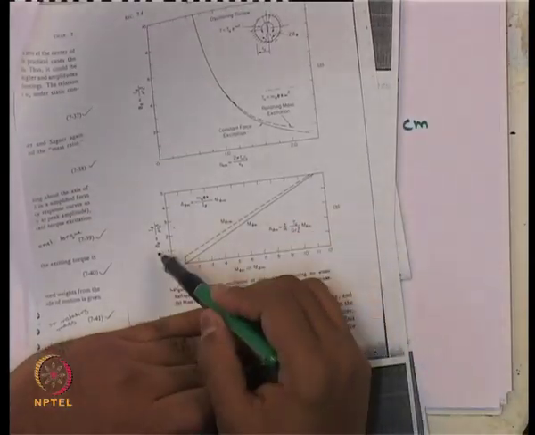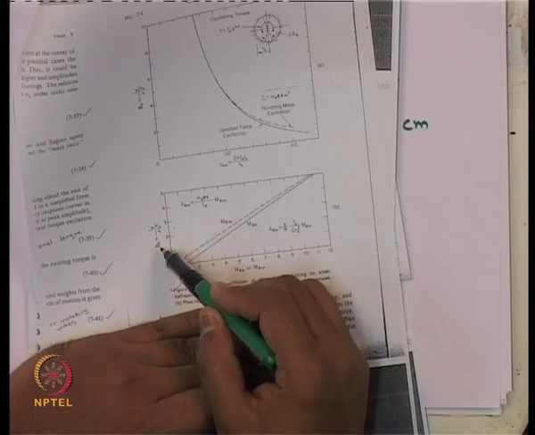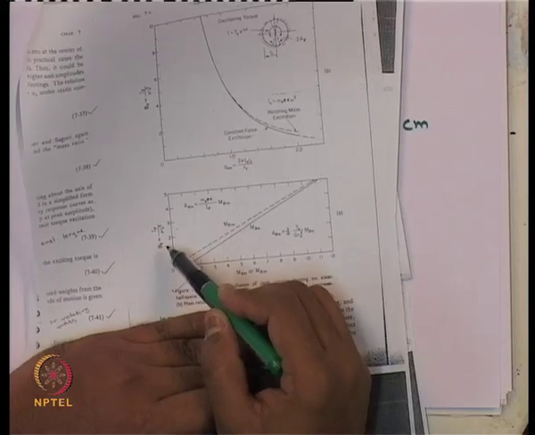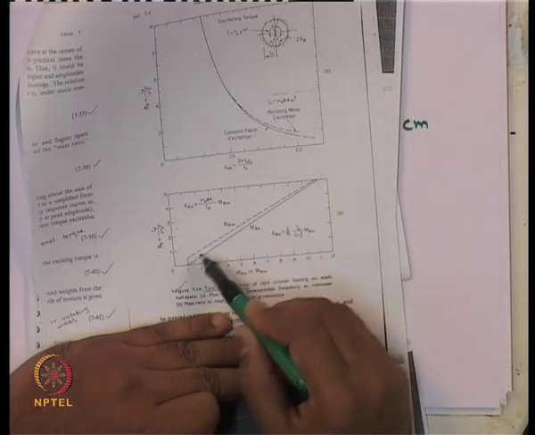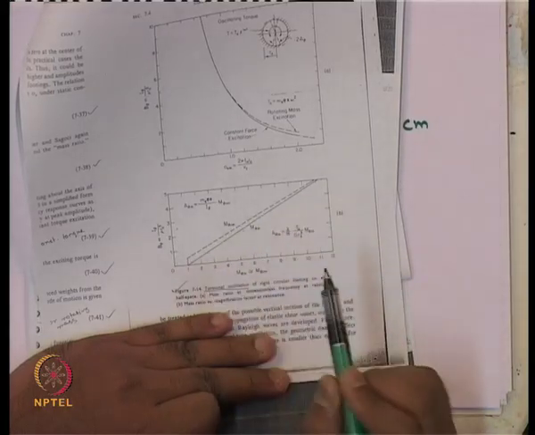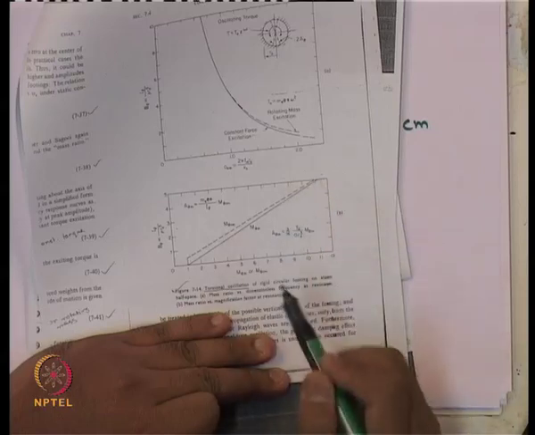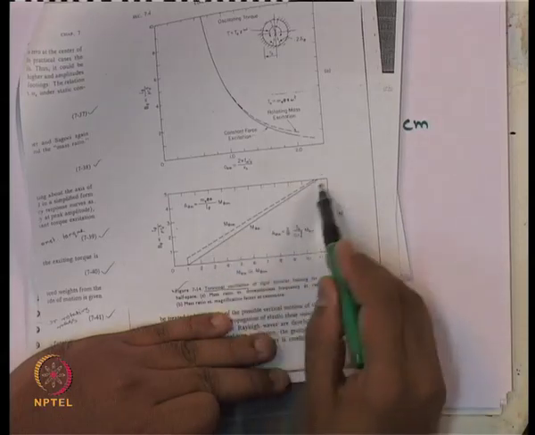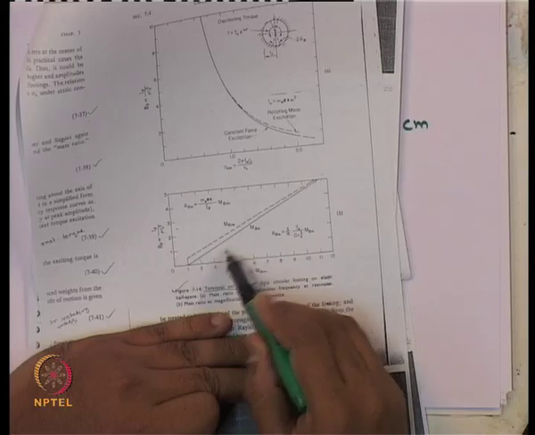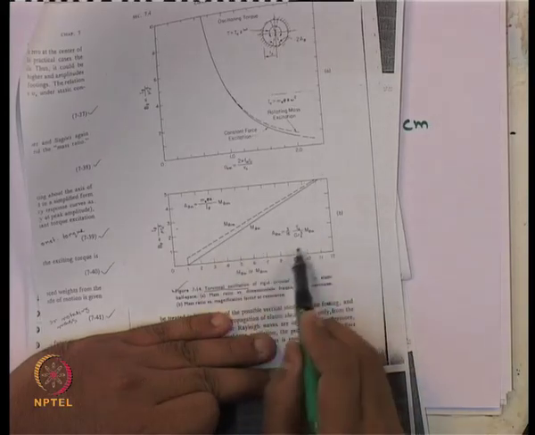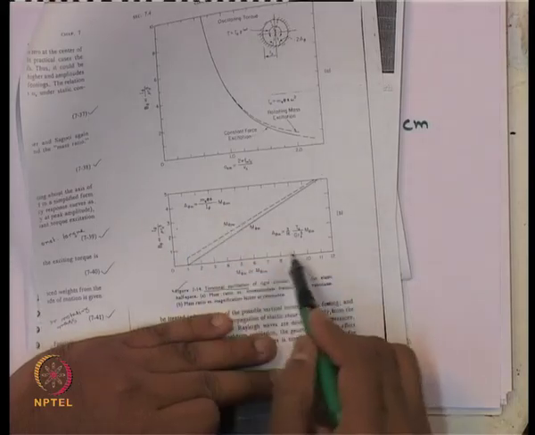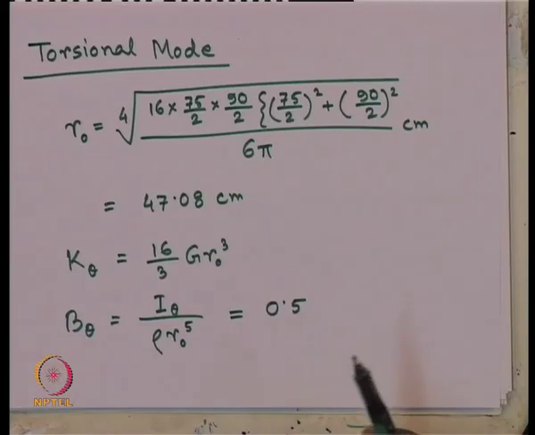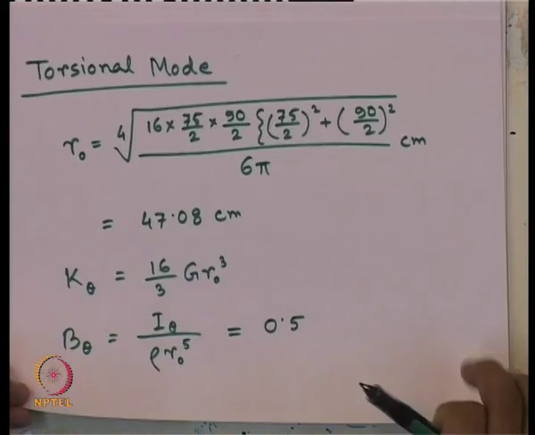For torsional oscillation, B theta we have computed just now, m theta Rm for the dotted line, that is rotating mass type, and m theta m is for constant force type, the solid line. And the expressions to compute a theta m and a theta Rm are given here. So, let us use those for B theta equals 0.5.